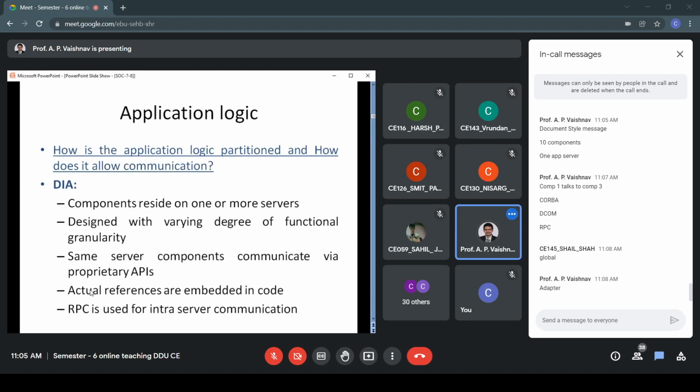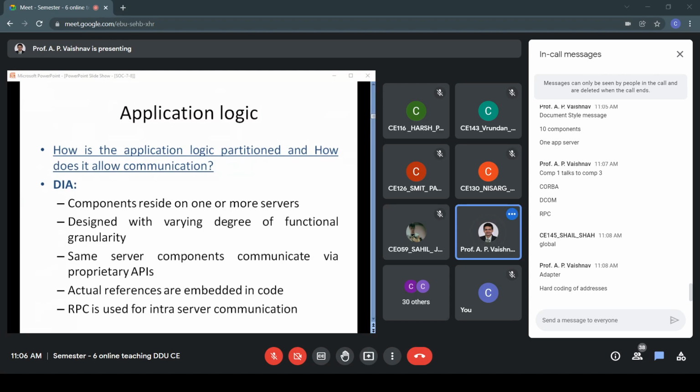Okay. Next point. In DIA, actual references are embedded in the code. That means you will have hard coding of addresses. URLs of the components which you want to call are embedded in the code, right? Now, when you are embedding the URLs, what will be the basic problem that will take place?